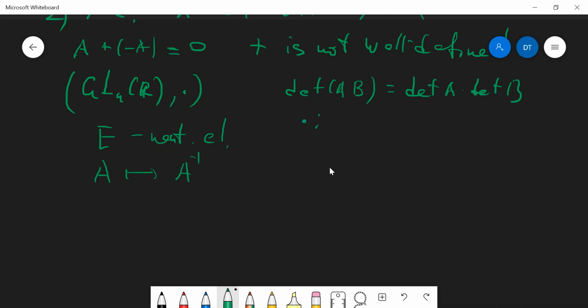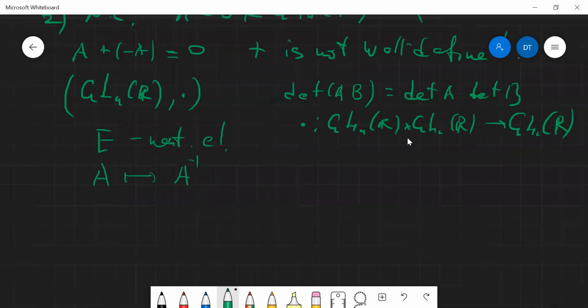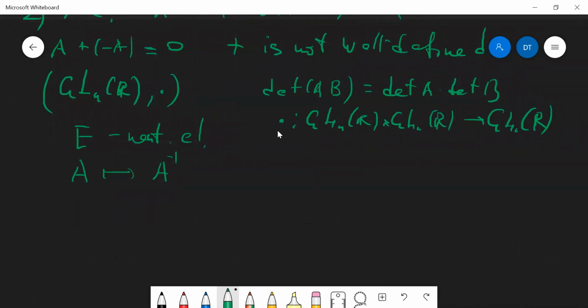The operation actually determines a map from the set of all pairs to your set. So the first thing you should check is that if you take arbitrary elements from your set and apply your operation, the result is always inside your set. That's the first thing you should check.